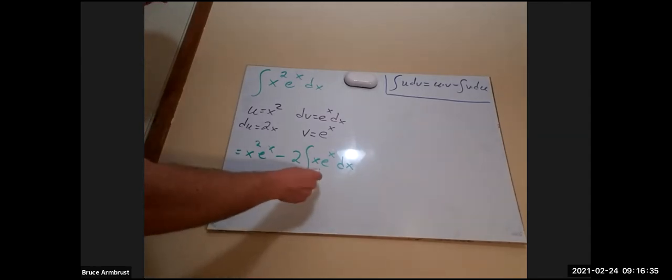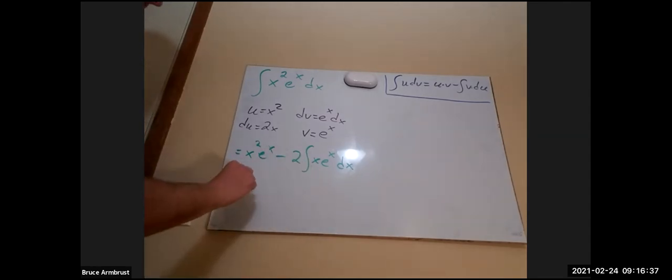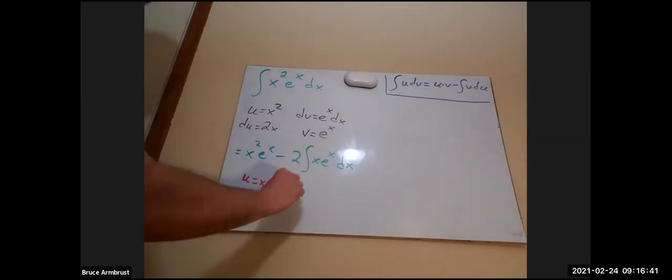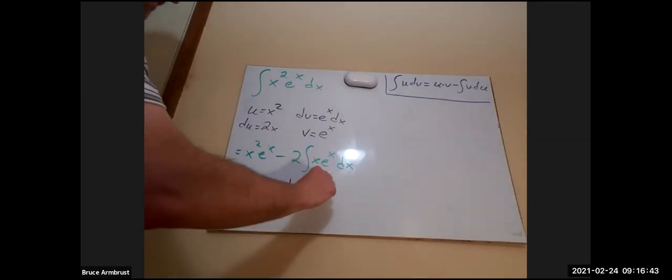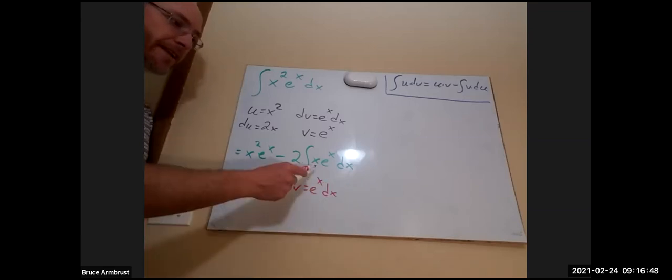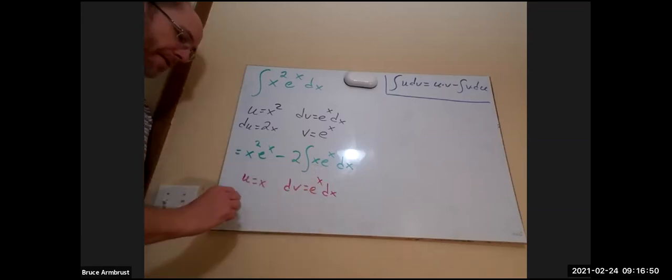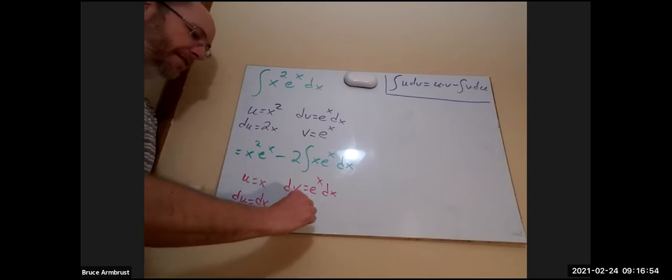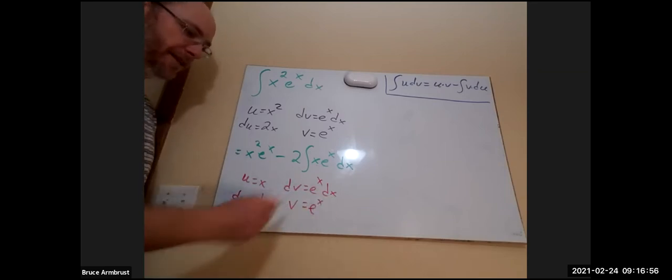So let's do integration by parts again. For this one, the u I want is x, and again the dv is e to the x dx. I've got an algebraic part, so du is just dx, and v is e to the x.